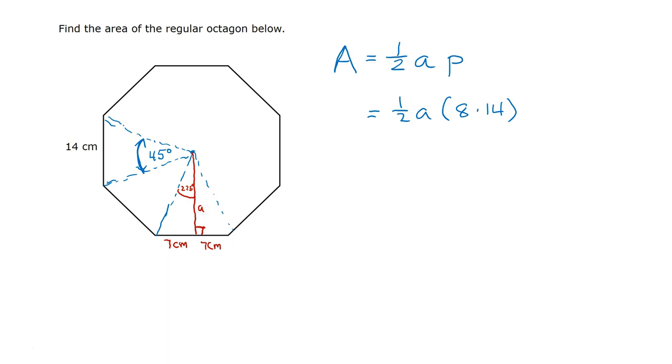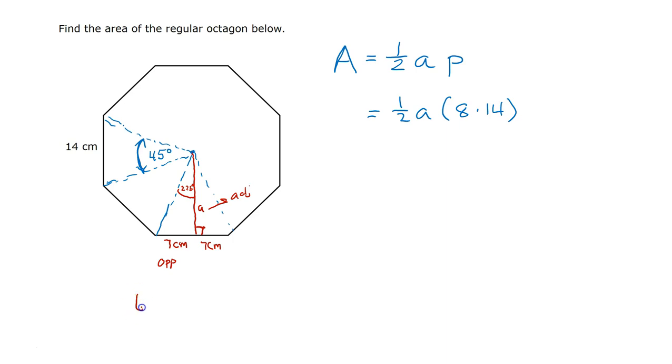So I could do a trig function. Depending on which trig function I want to use, I could put other things in here, but I'm just going to use the 22.5 degree angle. This is the opposite leg. The apothem is the adjacent leg in that case.